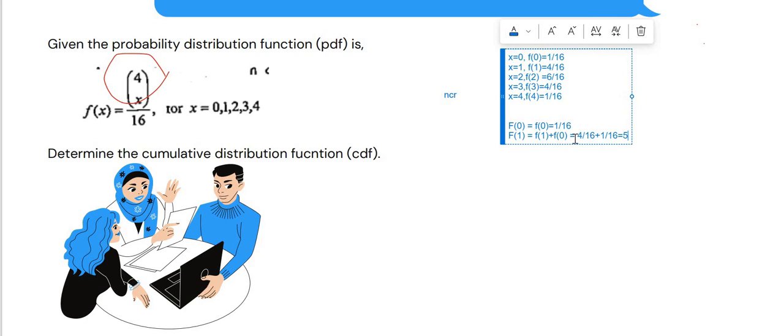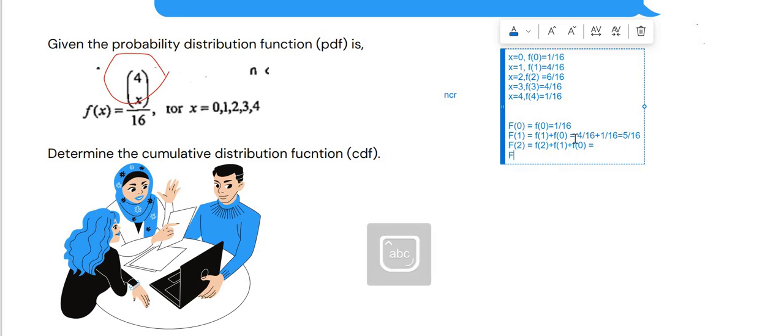So the answer will be 5 over 16. Okay, next F(2). So F(2) means f(2) plus f(1) plus f(0). Yes, so you can see the pattern. So you do it until F(4) lah. Okay. Alright.